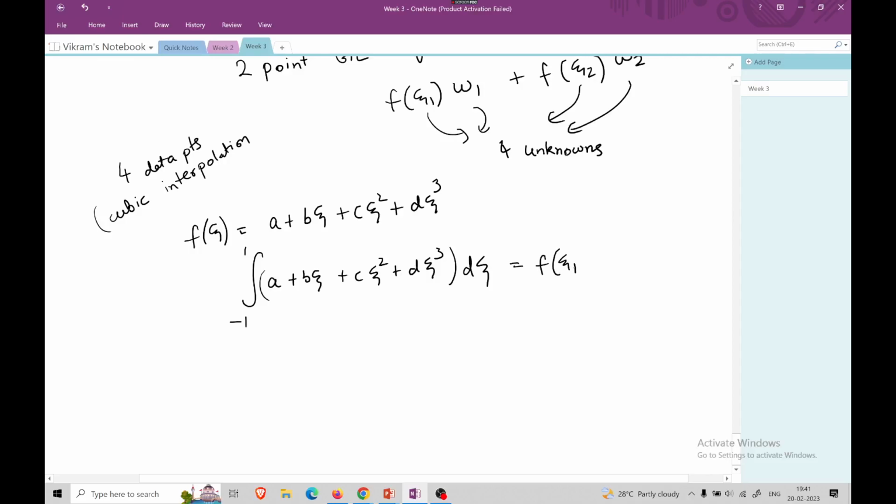This should equal f of eta 1 w1 plus f of eta 2 w2.